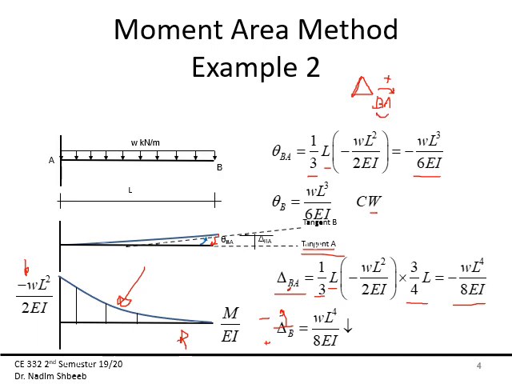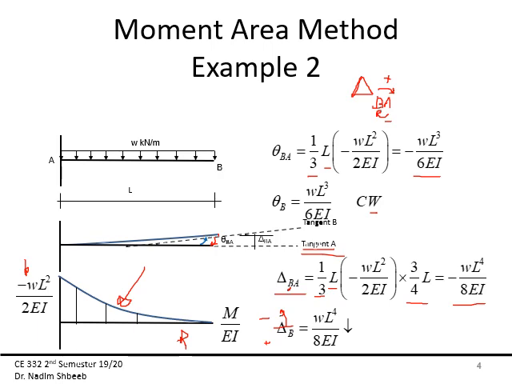Now if A is above B, then this is going to be negative. So since I have a negative value here, this is telling me that A is above B. But clearly here A is not above B.